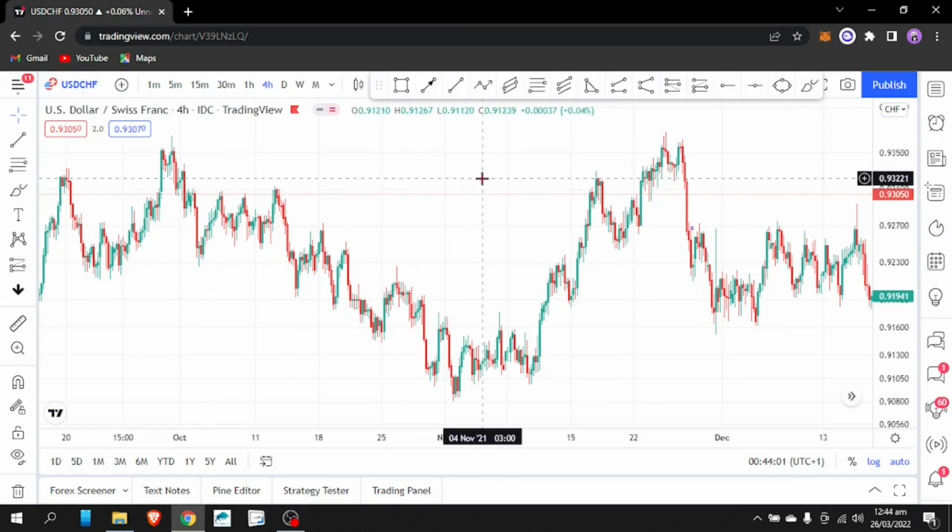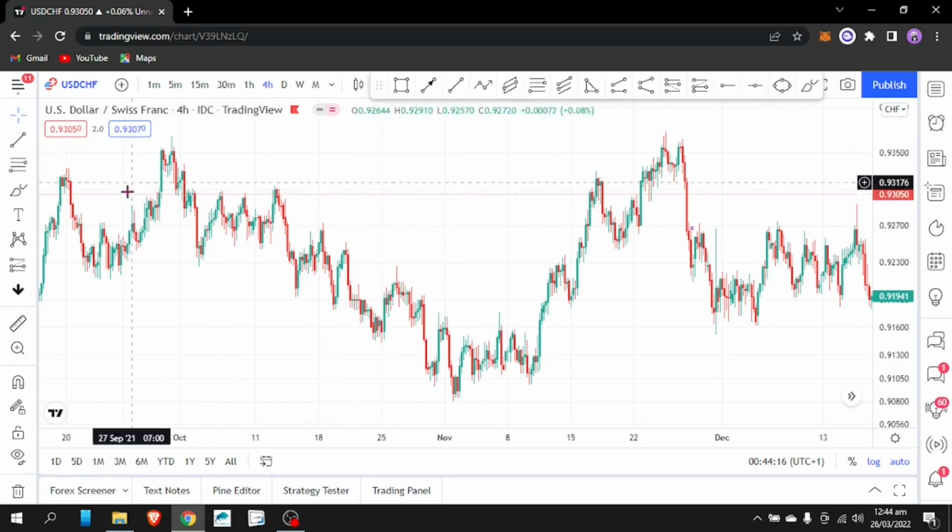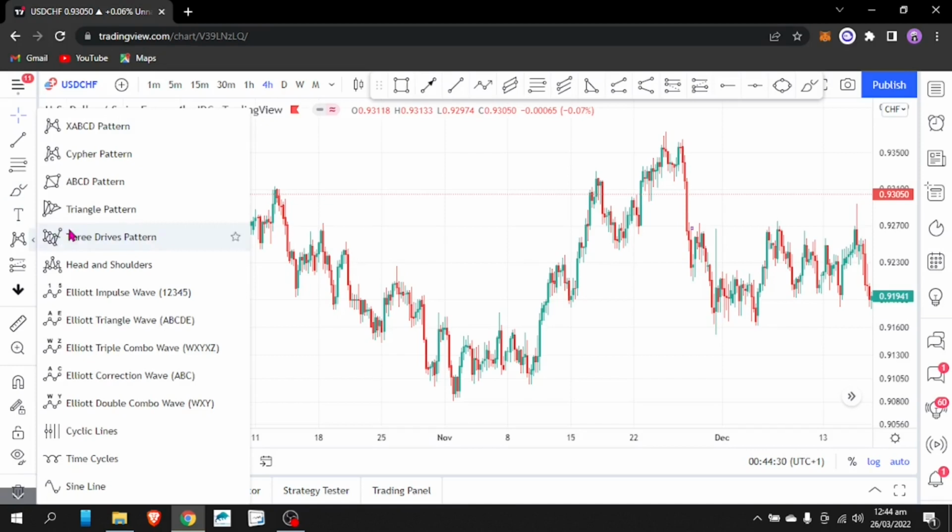First of all, let me plot out some things that I've noticed on this chart. If you go to tradingview.com, you have a lot of tools to use. If you come to this point, it says patterns, and you can see there is the Elliott impulse wave tool here, which you can use, which is 1, 2, 3, 4 and 5.